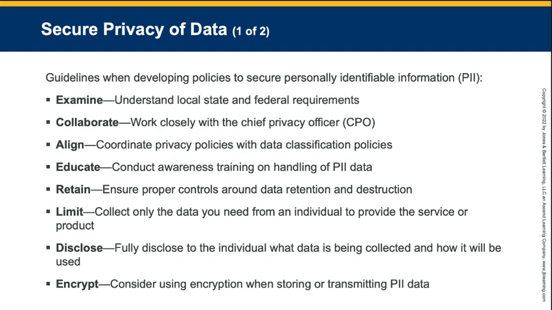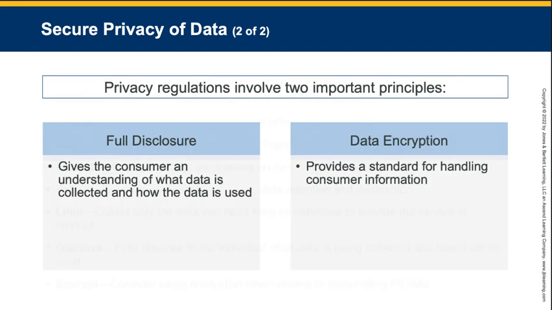And next, we take a look at the secure privacy of data. There are two parts. Principle, which I mentioned, is full disclosure, telling the customer, the consumer, why you need the data, what it is used for, and also encrypting it.